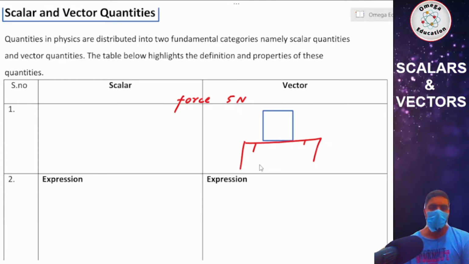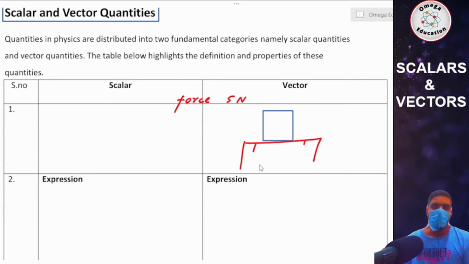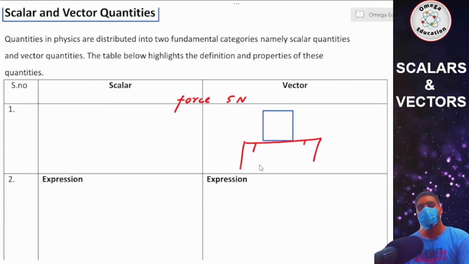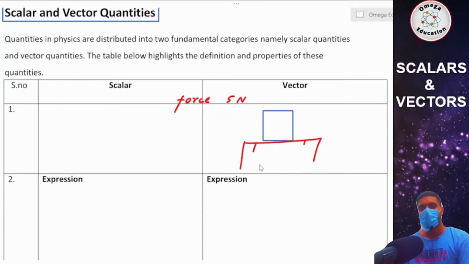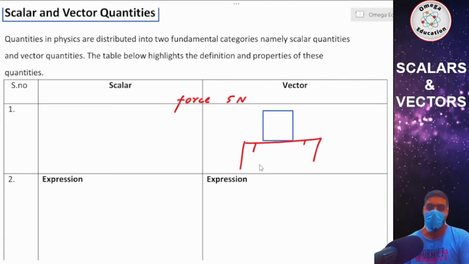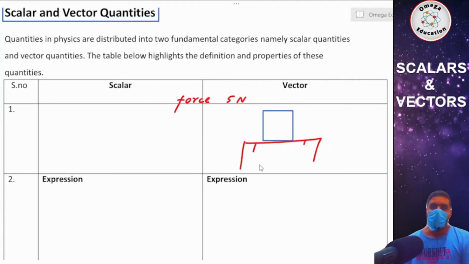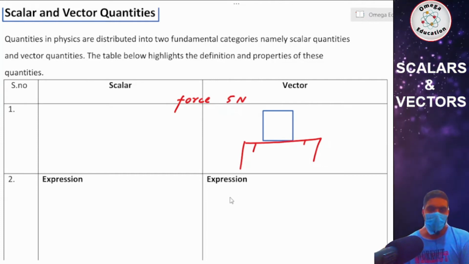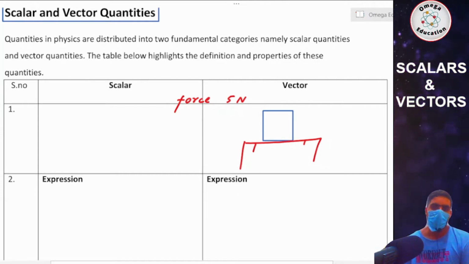The answer to that question is we don't know. We don't know if it would move forward, backward, upward, or downward, or will it even move at all. The thing is, unless we are given the direction of force, we can't answer the question.